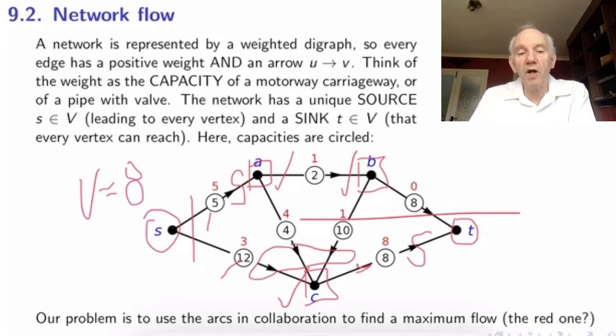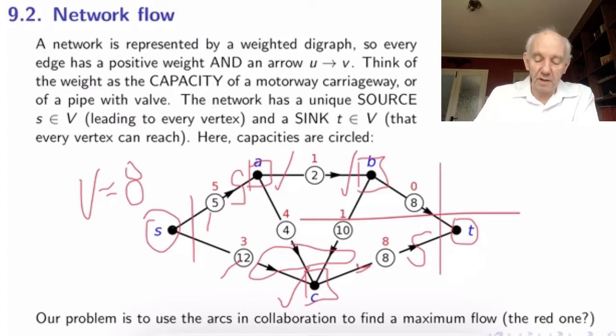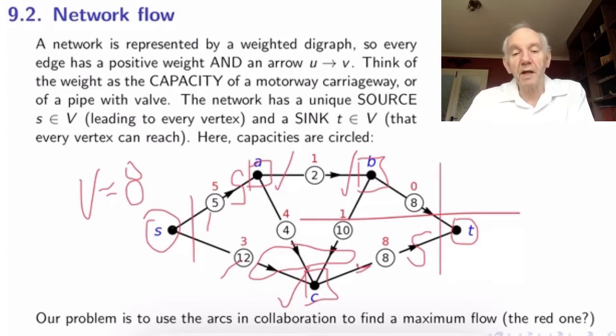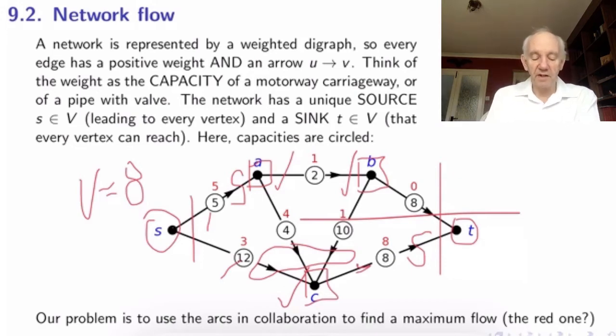And any way you divide the network, the net flow is going to be 8. In particular, when we get to the sink, there's also 8 coming into the sink. It's coming along one edge, but it has to be because of the conservation of flow. The flow leaving has to equal the flow arriving at T.